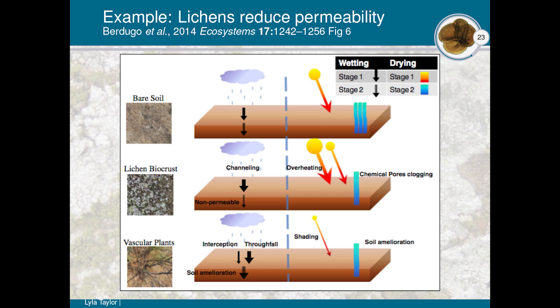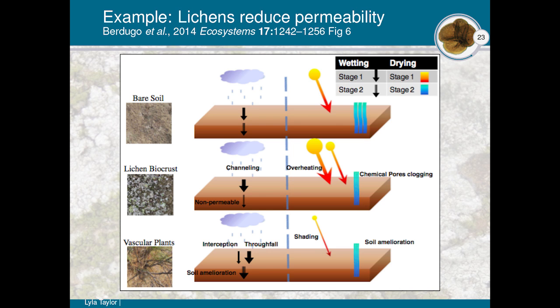So here's an example of one paper where somebody actually looked at that. They had a bare soil, a lichen biocrust, and some vascular plants growing. They found, of course, that with the bare soil there was good infiltration and then massive evaporation during the drying phase. But the lichen biocrust tended to clog up the pores and produced a less permeable layer, so the water had more difficulty infiltrating, and then more difficulty evaporating afterwards, in spite of the overheating occurring because the surface albedo had changed.